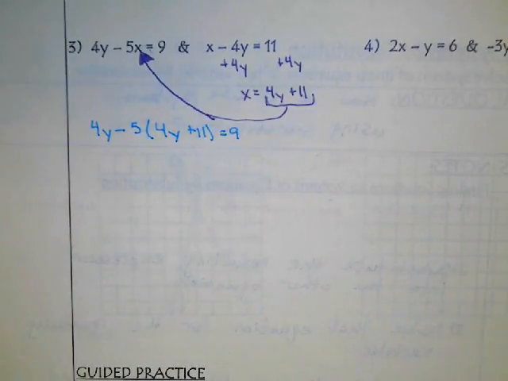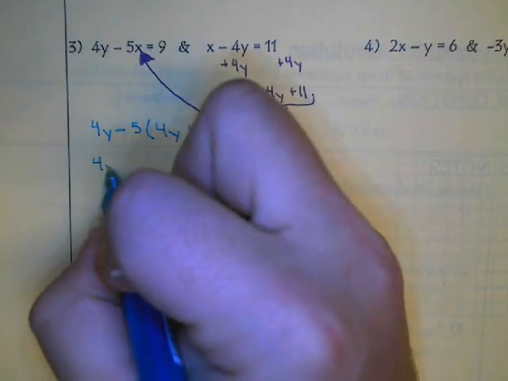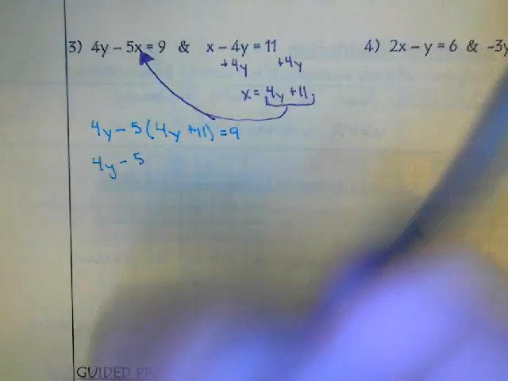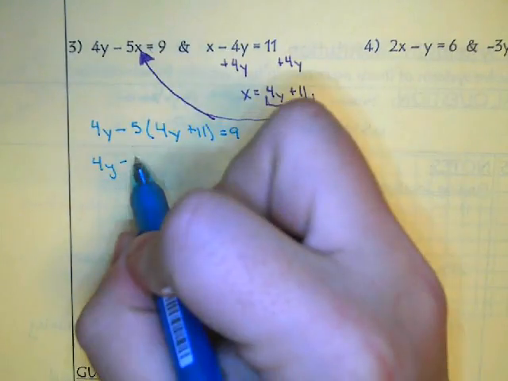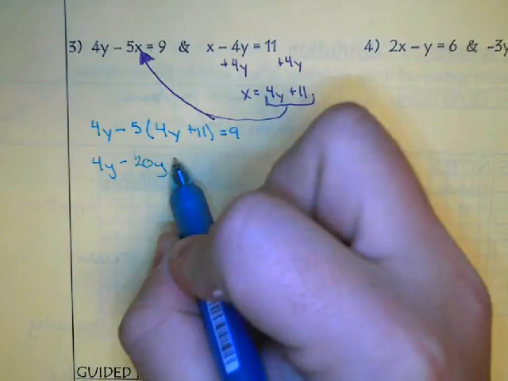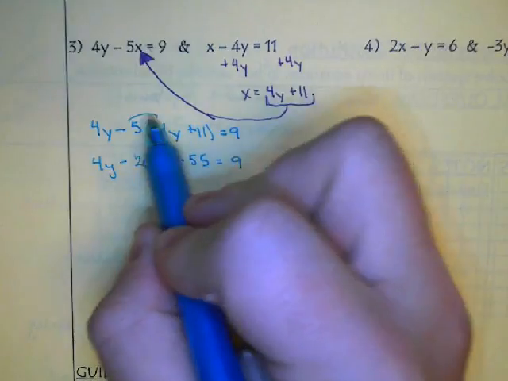And now we solve. So we'll use our distributive property. We'll have 4y minus 20y minus 55 is equal to 9, distributing a negative 5 both times.